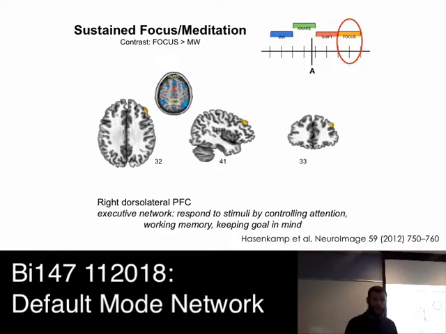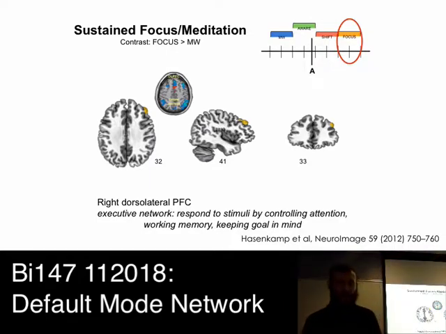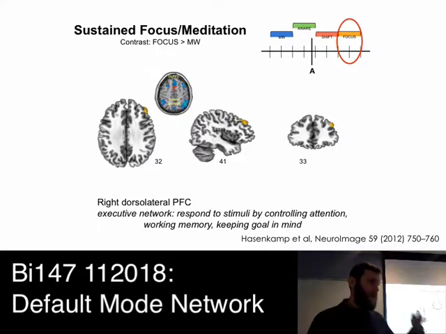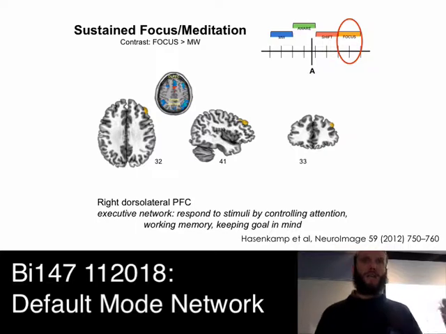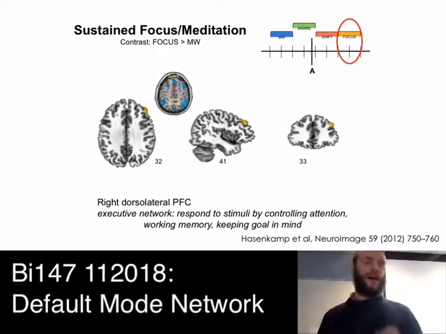The goal of this part of the brain is to keep the goal in mind, if you're all right with the circular sentence. So working memory, keeping the goal in mind. What is your focus? Right? Focus on the breath. Keeping the focus on the breath.